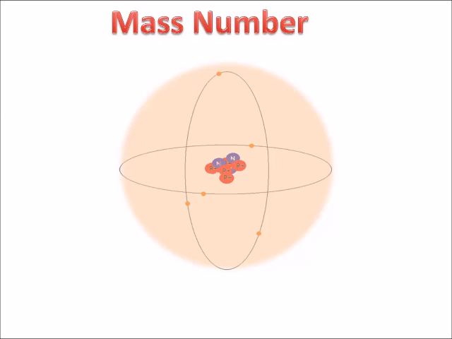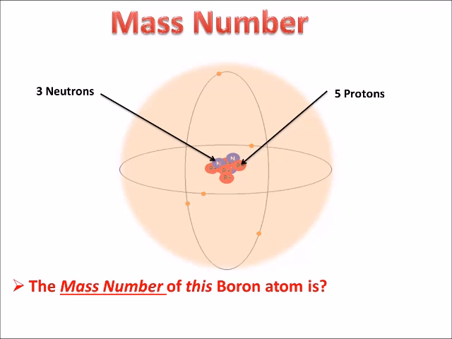Here's another atom. It has 3 neutrons, and 5 protons in its nucleus. The mass number of this boron atom is, you guessed it, 8. Why? Because there are 8 mass particles in the nucleus. Mass number is simply the sum total of the mass particles in the nucleus.